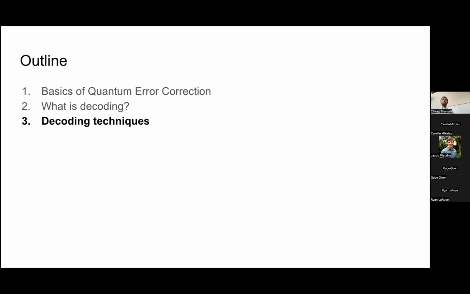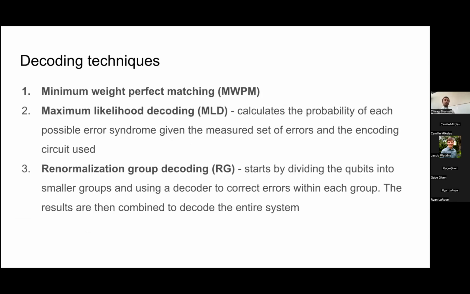So I'll move on to decoding techniques. There are several of them. In today's talk, I'm going to focus on minimum weight perfect matching, but I'll give a brief overview of the other ones. There's something called maximum likelihood decoding. As the name suggests, you calculate the probability of each possible error syndrome, given the measured set of errors and the encoding circuit used.